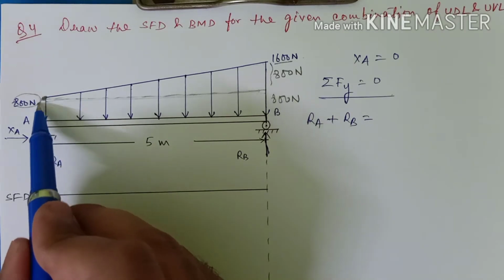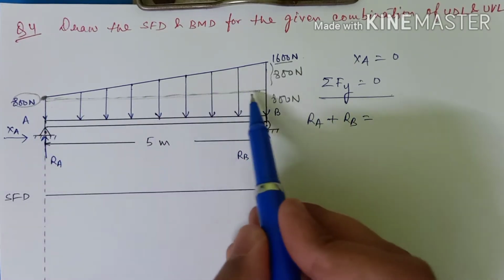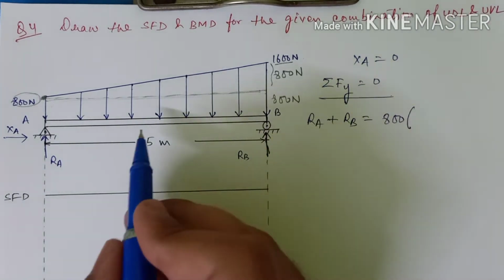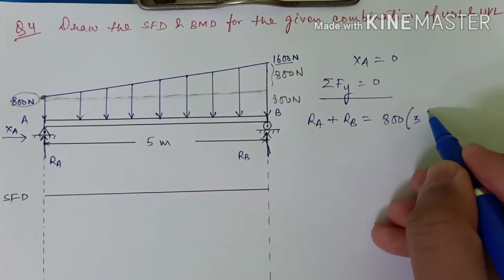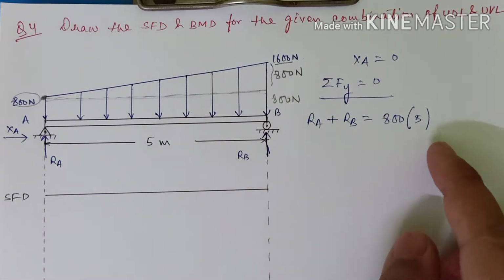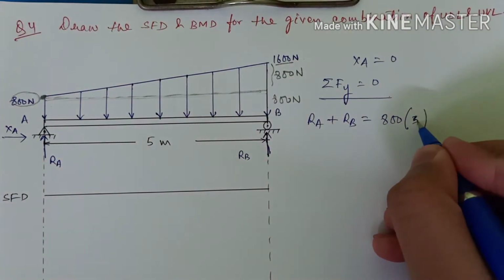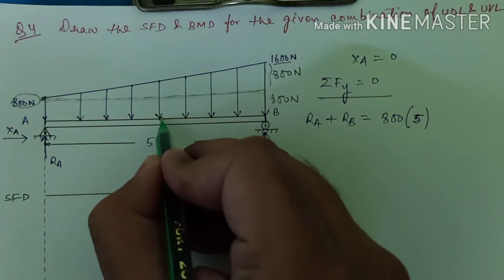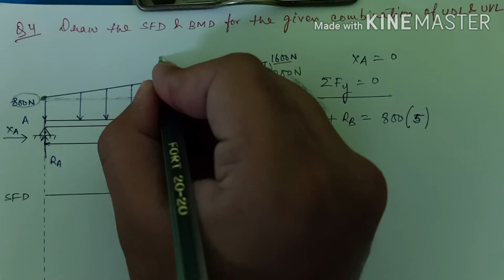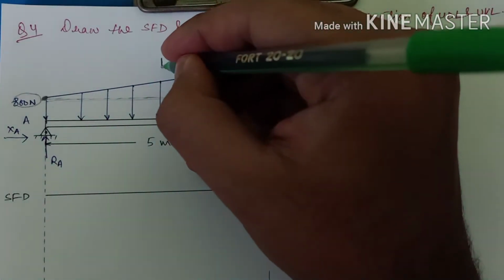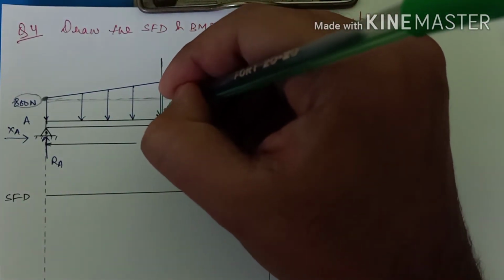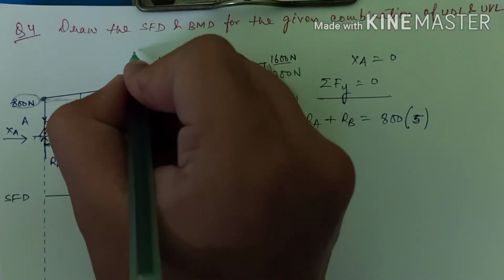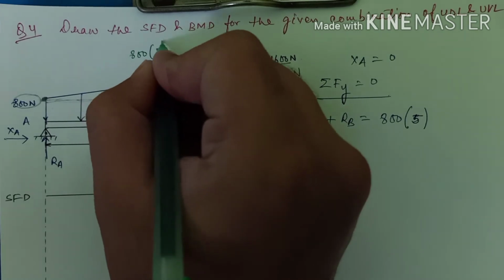It will be this unit loading multiplied by the total span of the beam, so it is 800 into the total span, that is 5. And where will it act? It will act centrally on the beam, somewhere here. Let me draw this. So the magnitude of this will be 800 into 5.